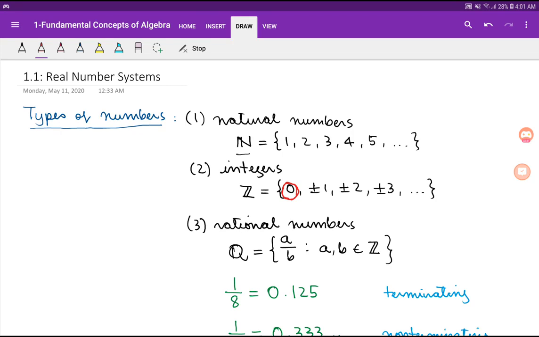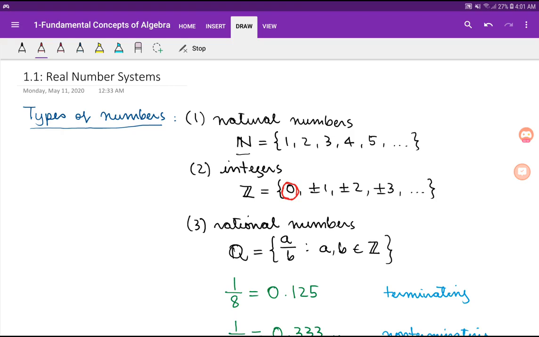In natural numbers we have 1, 2, 3, 4 and so on, all positive. With integers, we include the negative values. So for 1, we have positive 1 and negative 1. The same with other numbers: positive 2, negative 2, positive 3, negative 3 and so on.